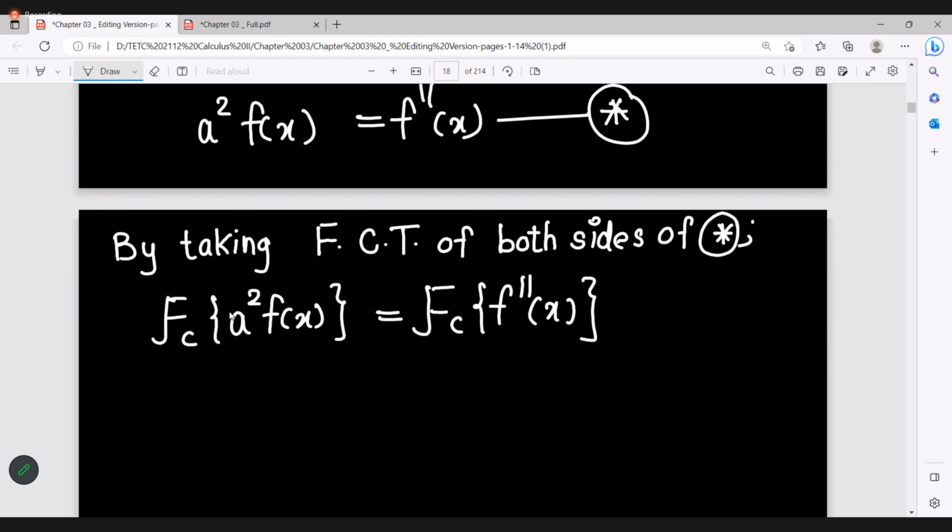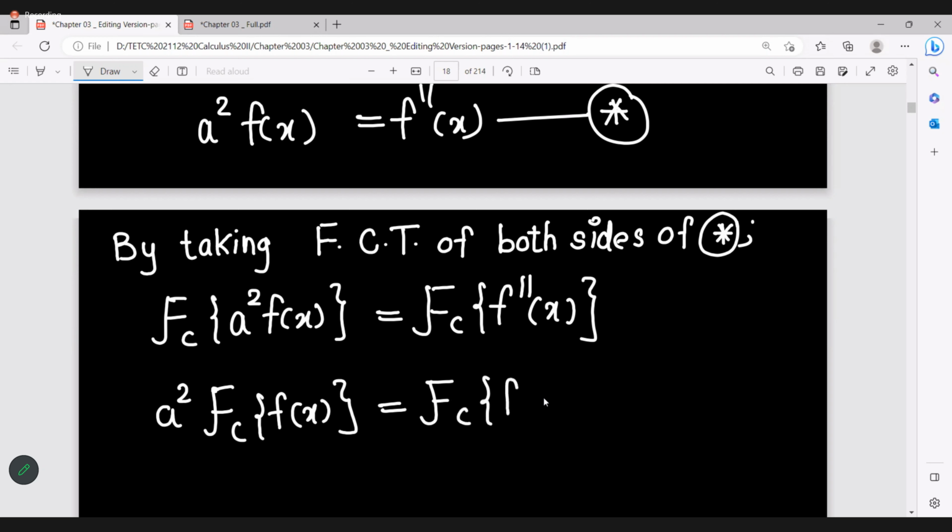And we know that the Fourier cosine transform satisfies the linearity property, so we can bring this constant term out. So we can rewrite this as a squared times Fourier cosine transform of f of x, which is equal to Fourier cosine transform of f double dash x.